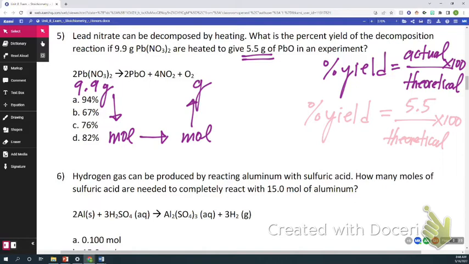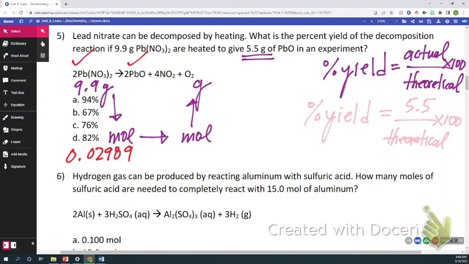So 9.9 divided by the molar mass, and you find Pb, 207.2 plus 14 times 2 plus 16 times 6. So I got 0.02989 moles.